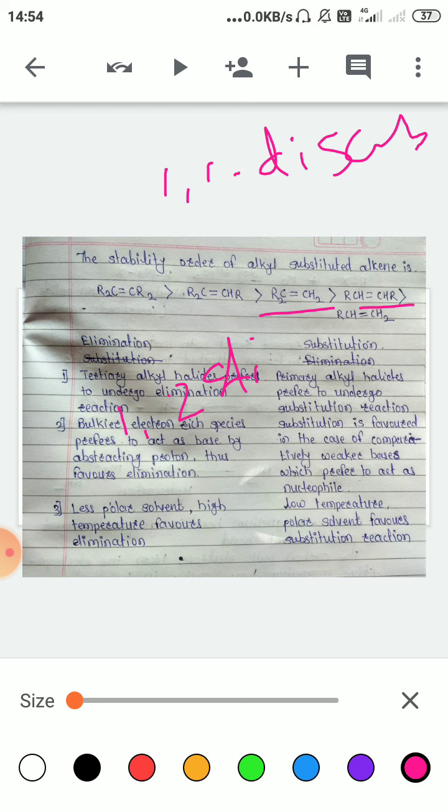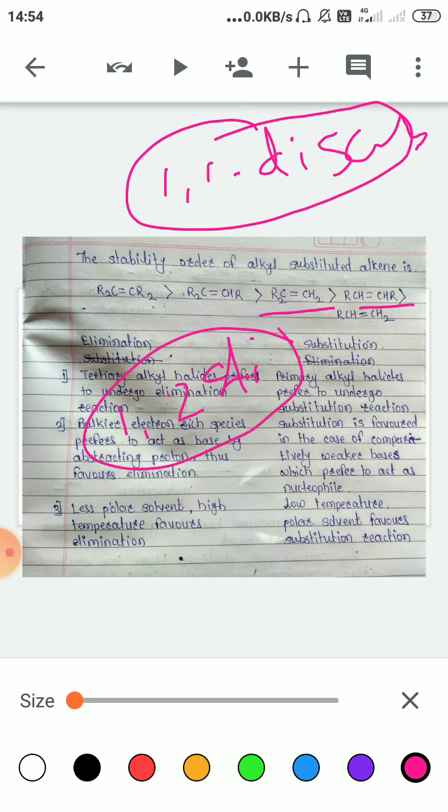So remember carefully here, 1,1 disubstituted alkene is more stable than 1,2 disubstituted alkene.